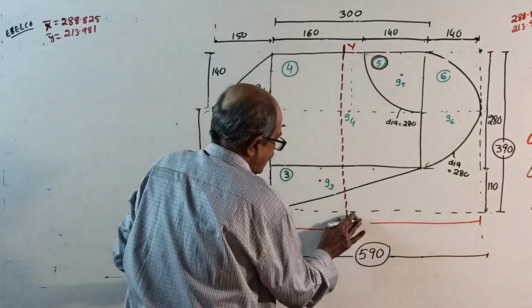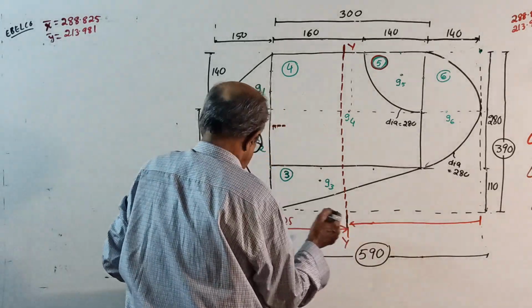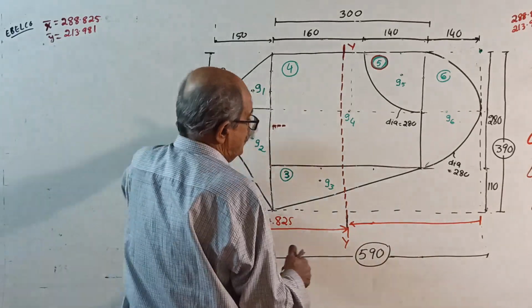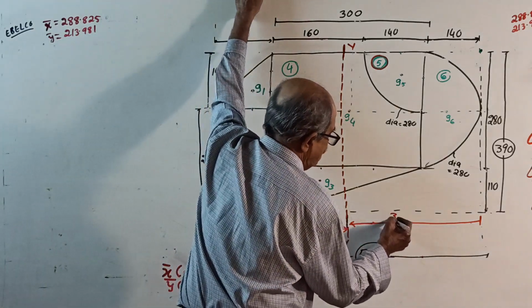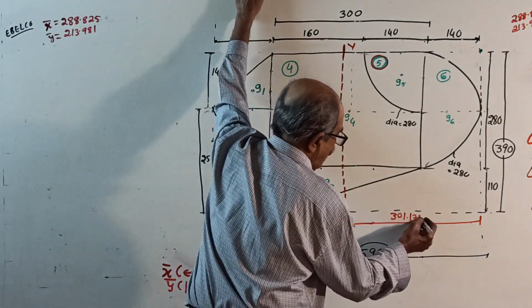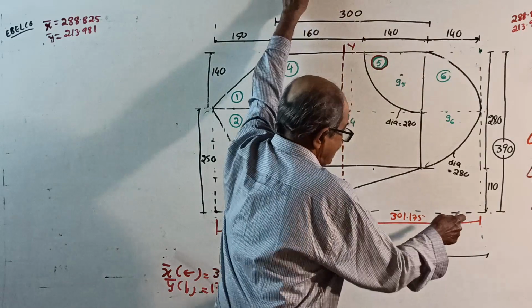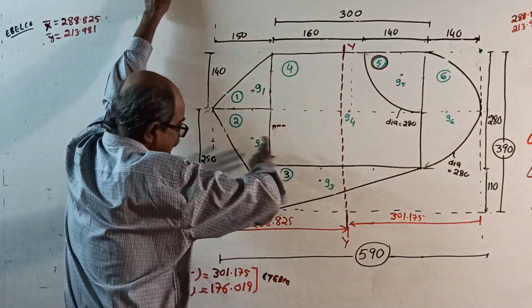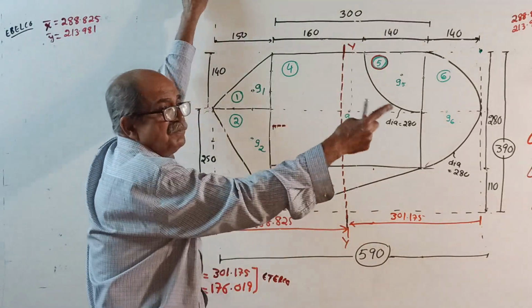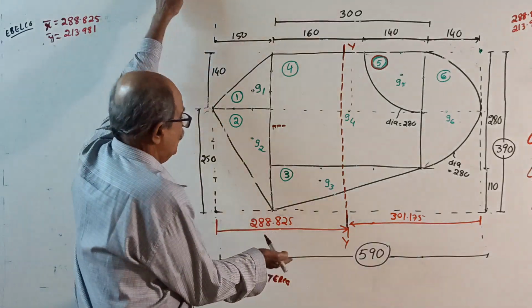See, YY comes this side. You will get this distance. If you subtract, it will come 301.175. Or suppose you consider Aterco, that x bar you got here. From this side you got 288, from there it has to come 301. Yes, we got it.